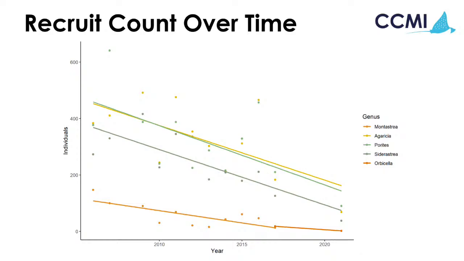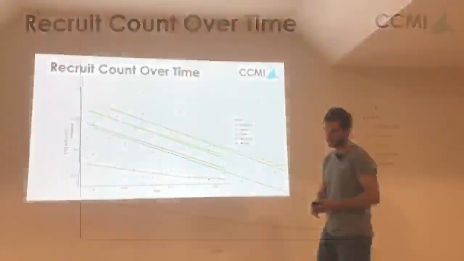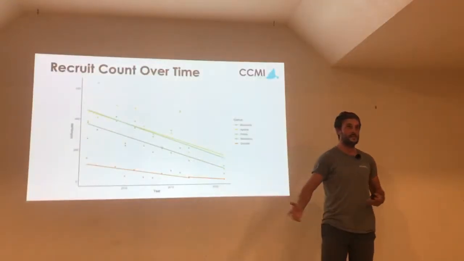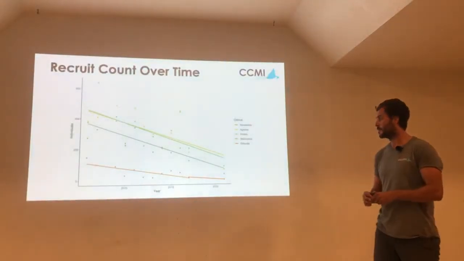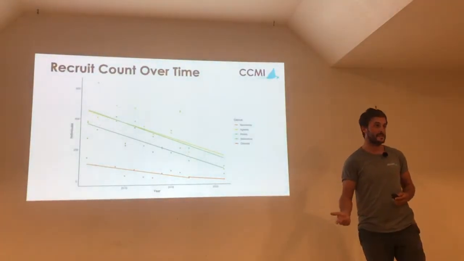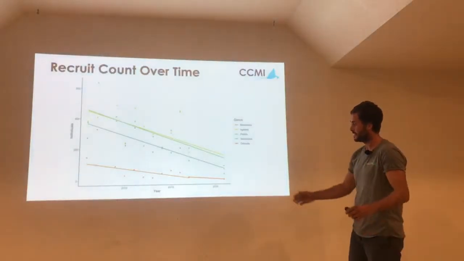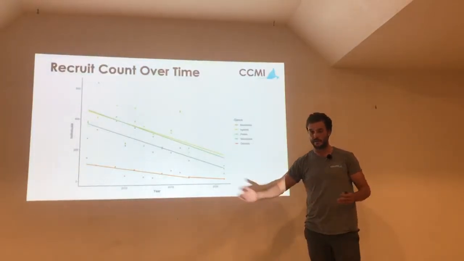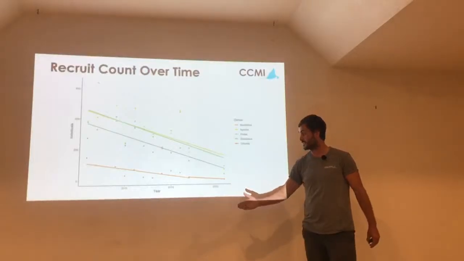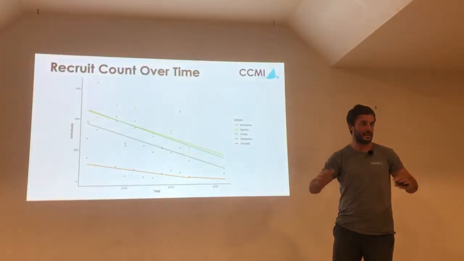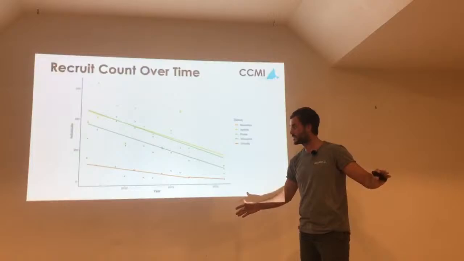Does anyone know why that could be an issue later on in the game? Okay, so if we've got an adult population, let's look at Orbicella as an example. Orbicella is really susceptible to yellow band disease. So if we get a bad whack of that and we lose the whole Orbicella population, this is doomsday, but it's unlikely to happen.